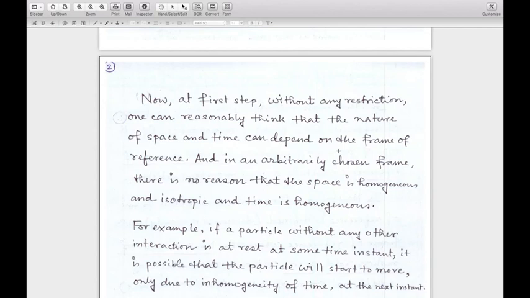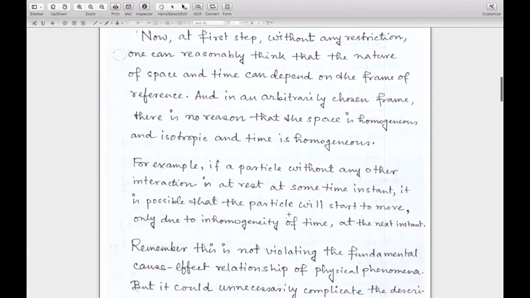And the space may be isotropic or not. Whatever, so an arbitrary type of combination can be possible, and of course there can be some frames of reference where nothing is homogeneous or isotropic. So in an arbitrarily chosen frame, there is no reason that the space is homogeneous, isotropic, and time is homogeneous, right? There is no reason.